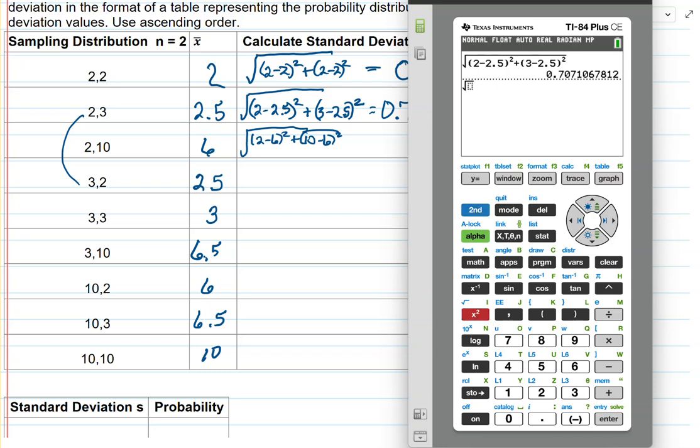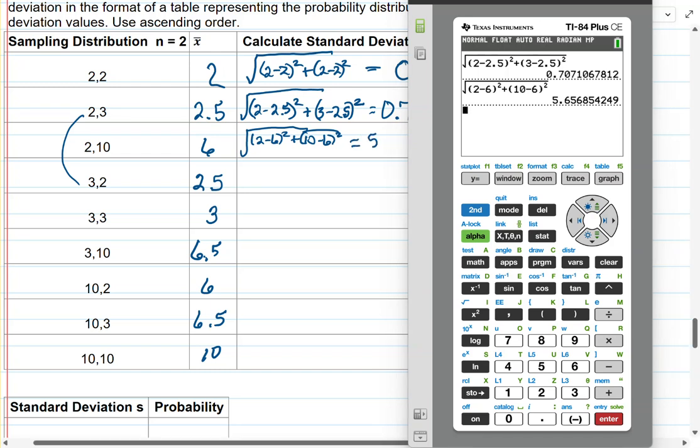Second square root, open parenthesis, 2 minus 6, close parenthesis, squared, plus, open parenthesis, 10 minus 6, close parenthesis, squared. And I get 5.66. All right. So these two are the same.